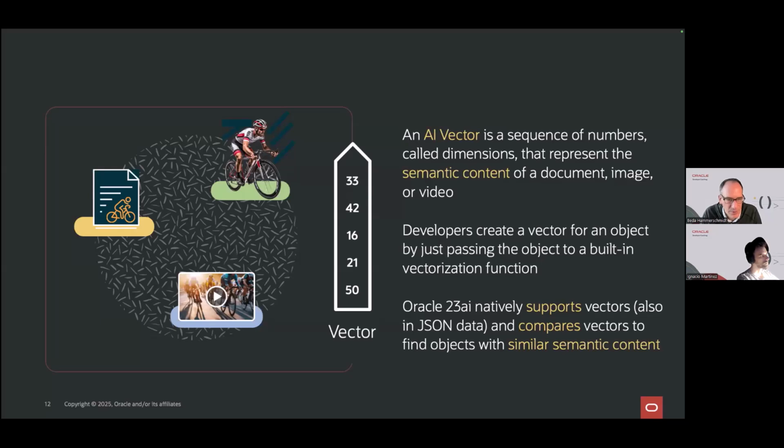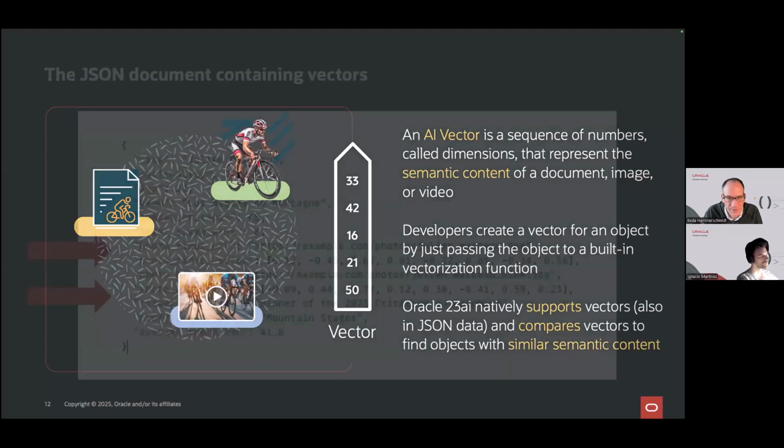In a very simplified version, you could say there's one position that describes the color of the bike, or the size, or whether someone sits on top of it or not. It's not as easy as that. These vectors are built by embedding models. They're trained. I'm not going into a lot of detail, but what I want you to understand is that we describe an object with just a large list of numbers. These numbers are stored in the database, and they can be indexed for fast access.